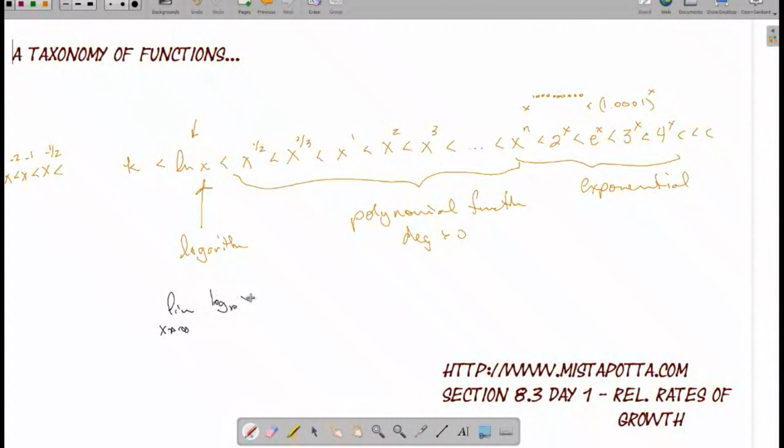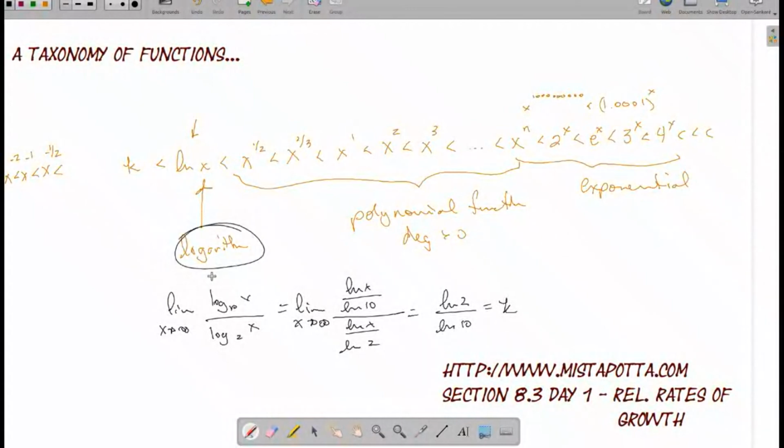So if I wanted to compare, for example, the log base 10 of x with the log base 2 of x, this is really going to be the limit as x approaches infinity of natural log x over natural log 10 divided by natural log x over natural log 2. And this ends up being a constant, just natural log 2 over natural log 10. So because this is a constant, these all kind of have the same rate of growth.